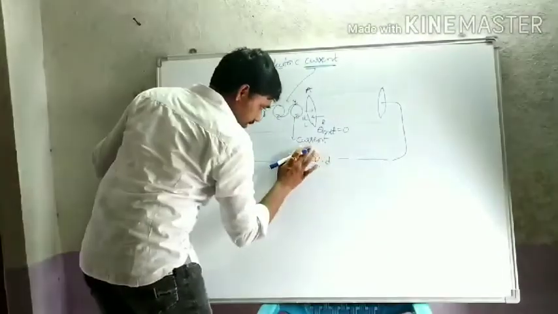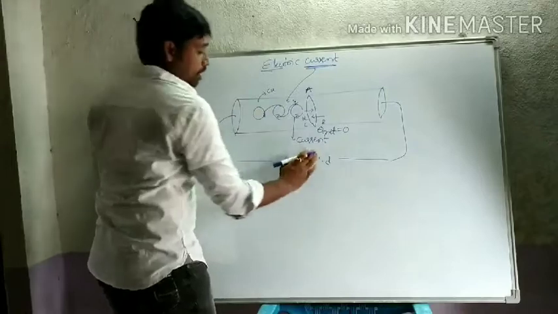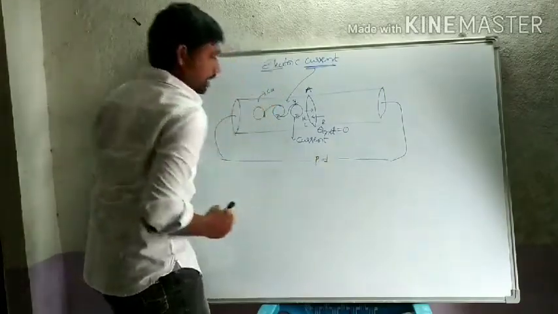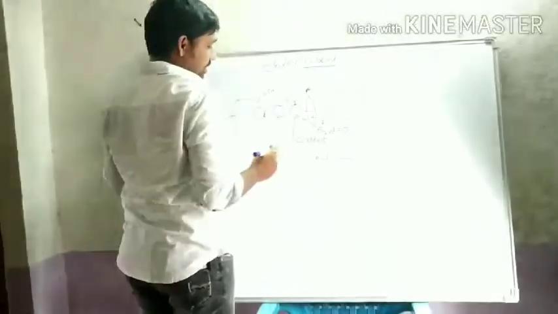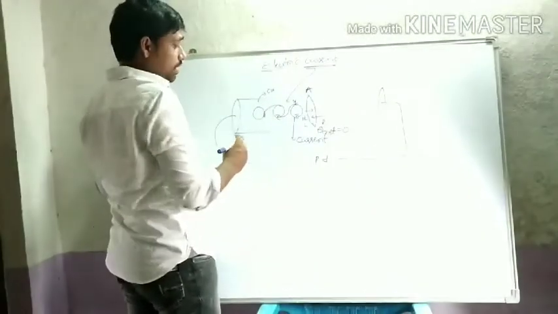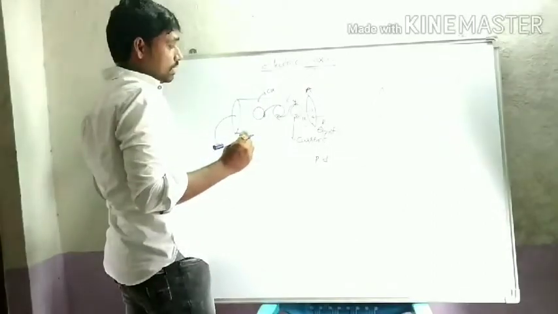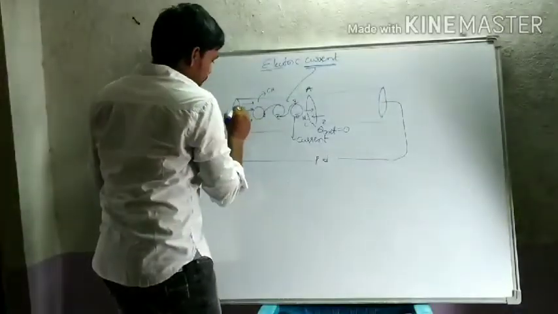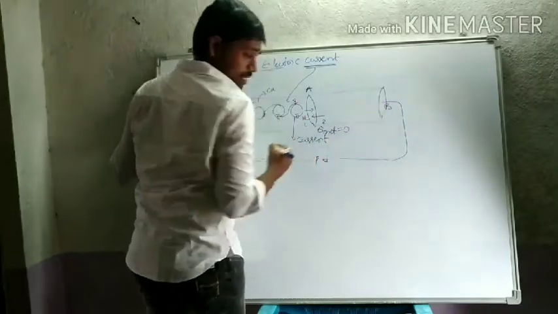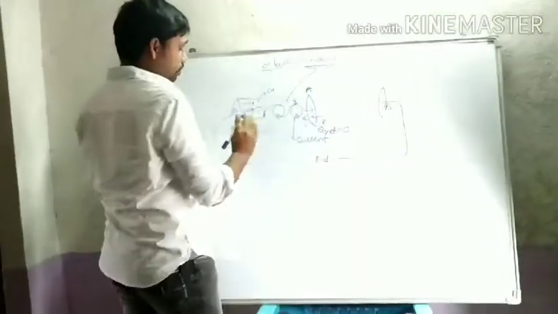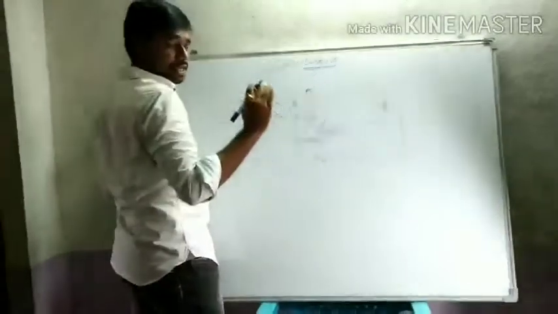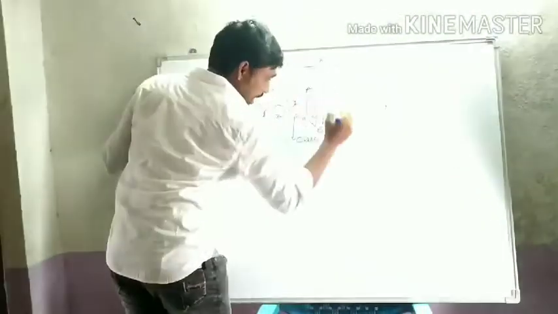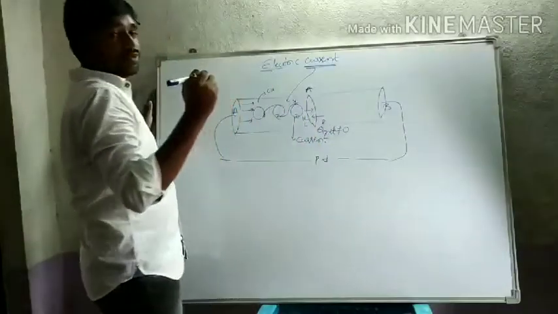If a potential difference is connected across the terminals of a conductor, then the electrons start moving from point A to point B. While they are moving from point A to point B, the net charge is not equal to 0.